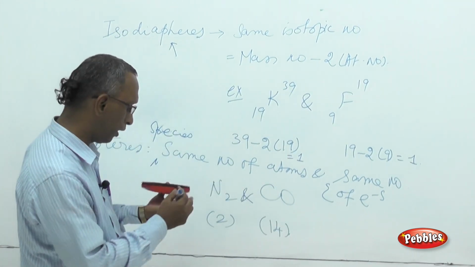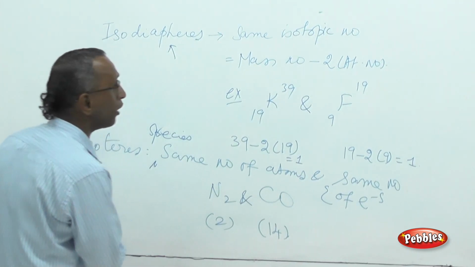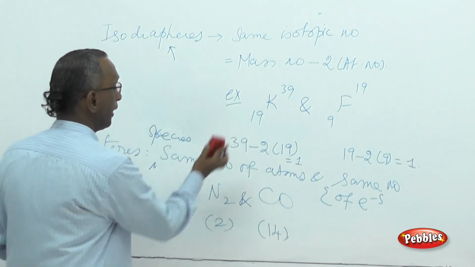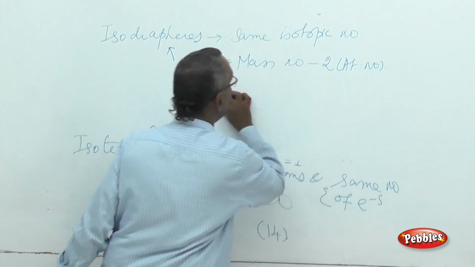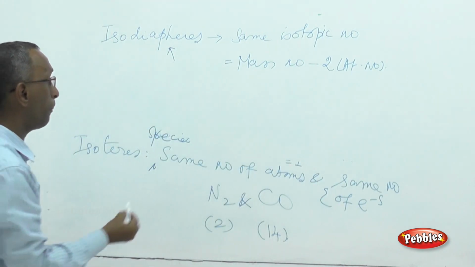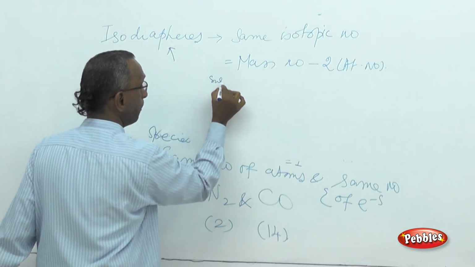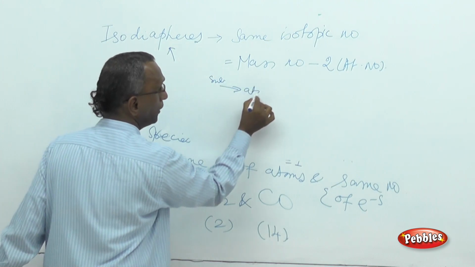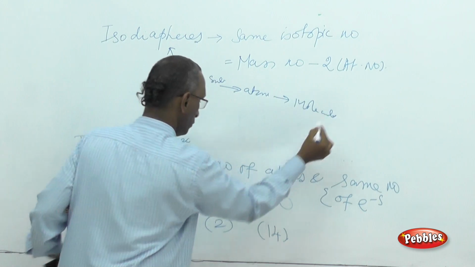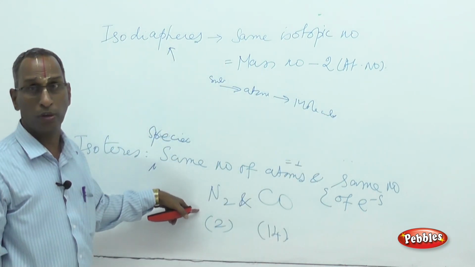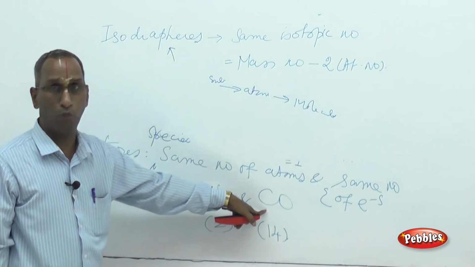So far we have seen the atomic species. Now we come across a species called a molecule. A molecule is a collective unit. Subatomic particles give rise to atoms, and a number of atoms give rise to molecules. Now you see two types of molecules, nitrogen and carbon monoxide.